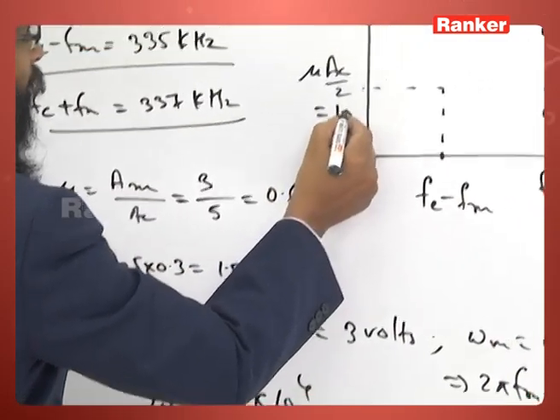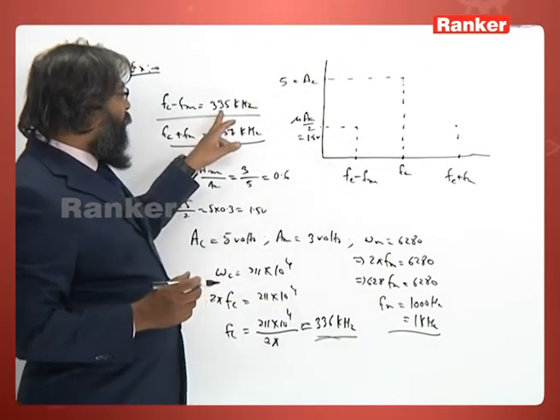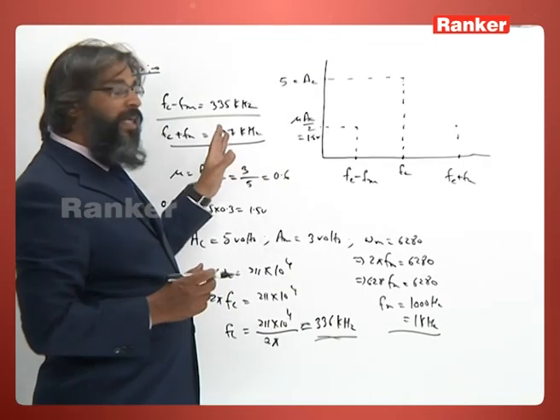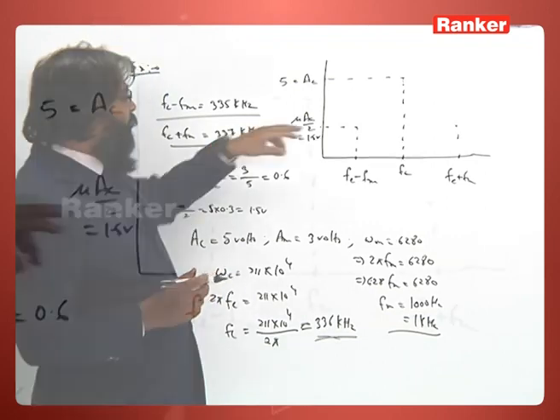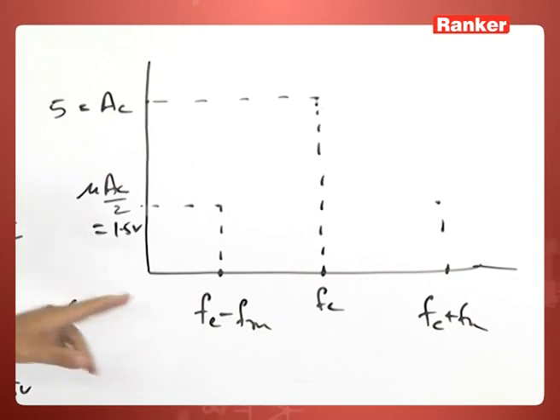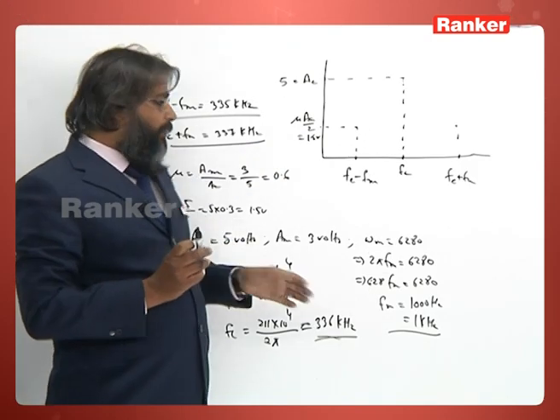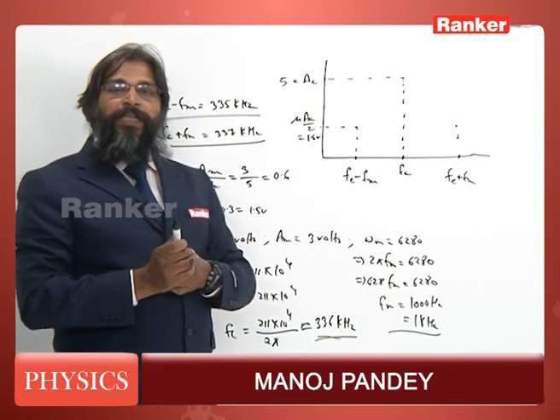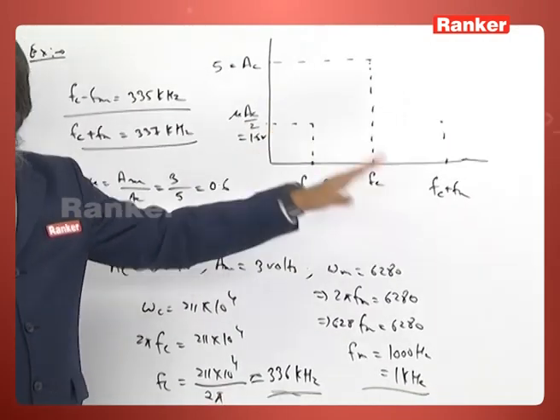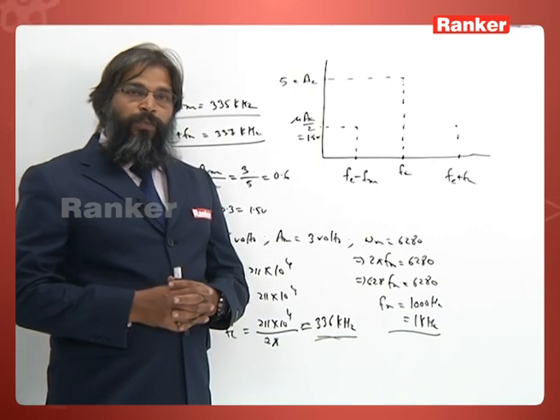So the lower side band has frequency 335 kilohertz, the upper side band has 337 kilohertz, and the carrier frequency Fc has 5 volts, while the side band voltages are 1.5 volts. So this we have seen by taking a numerical example. You see the frequency spectrum with the corresponding amplitudes in the amplitude modulated wave.